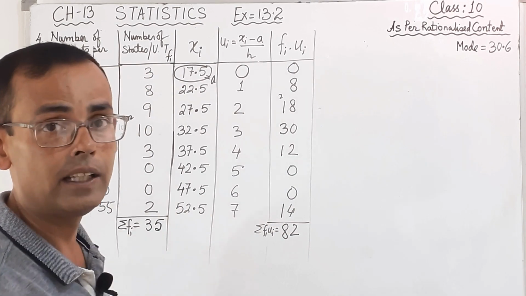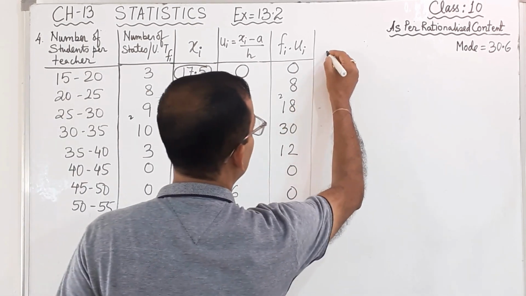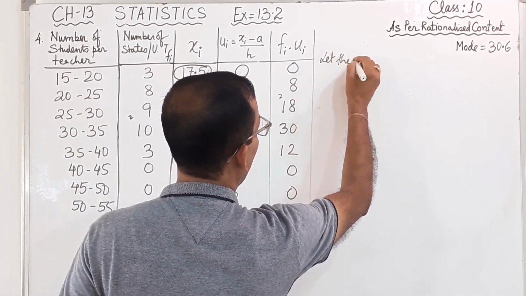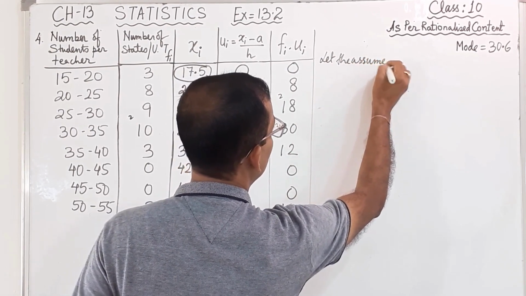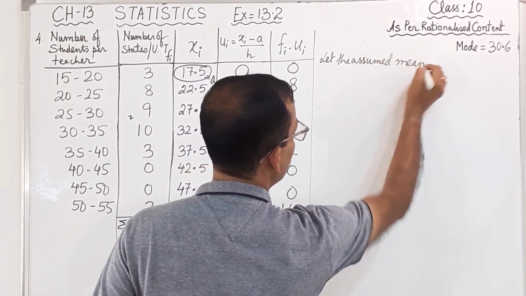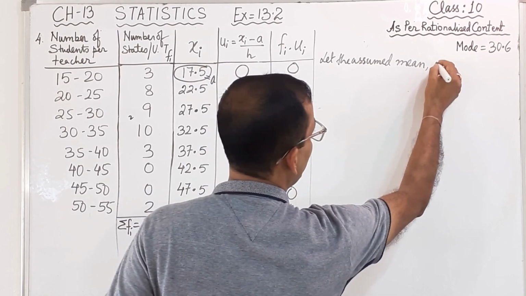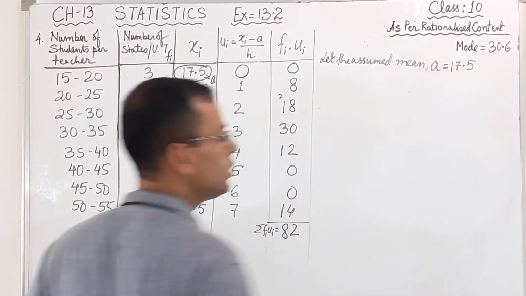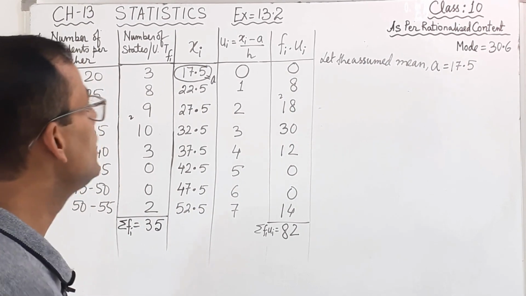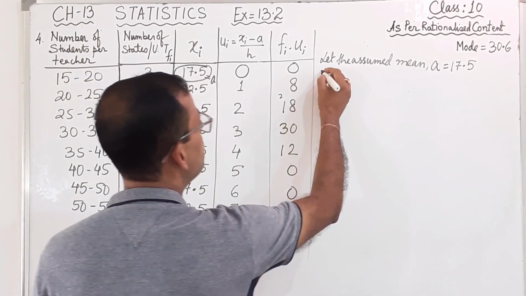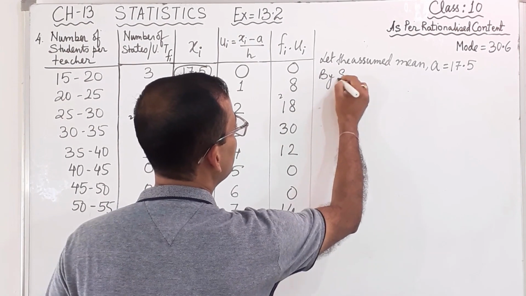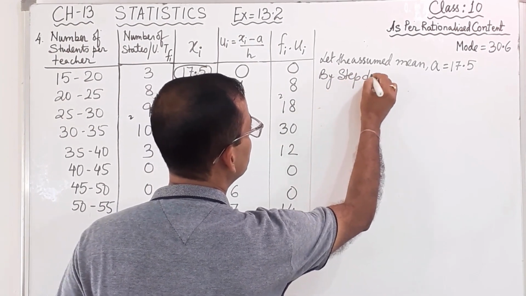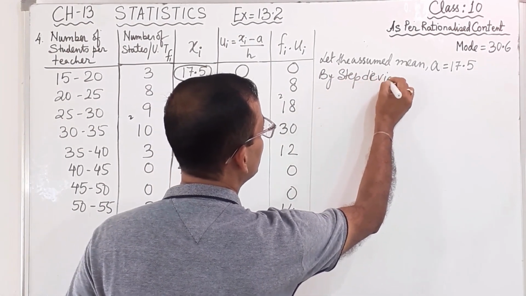We will write the formula. Okay. Let the assumed mean, like this only I have taught you, okay, assumed mean a equal to 17.5. So the assumed mean we are taking how much? 17.5. By step deviation method.